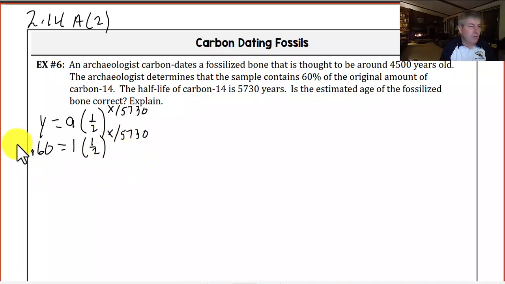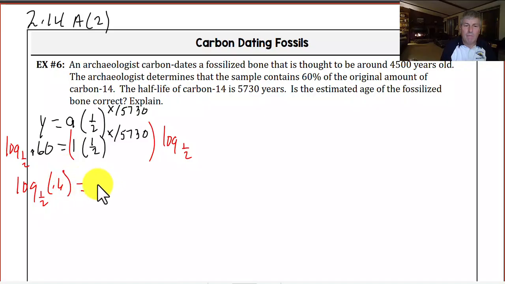So we will have to log both sides, and I'm going to log base 1/2 on both sides because I have a half-life here. So I get log base 1/2 of 0.6 equals log base 1/2 of 1/2 raised to the x over 5,730.